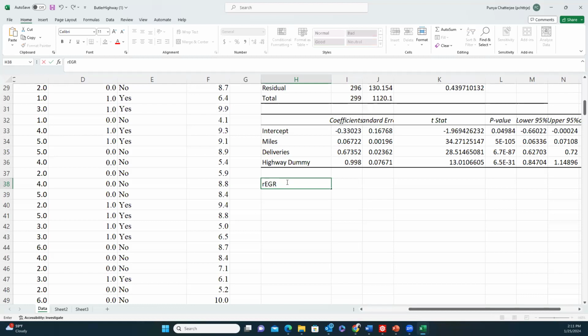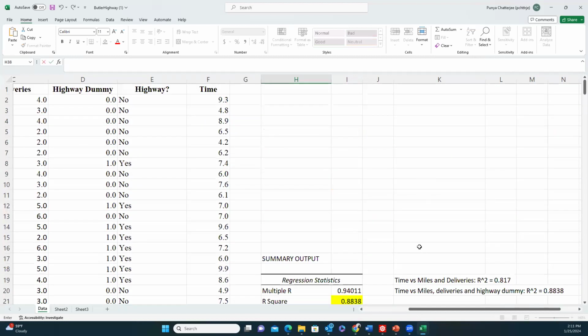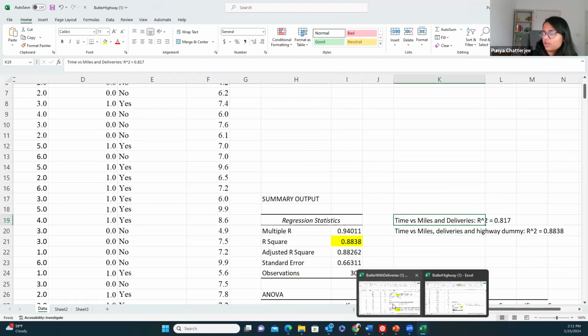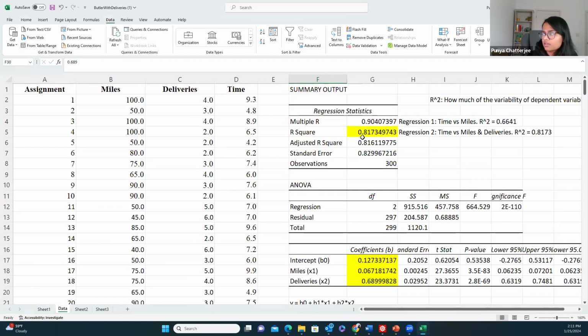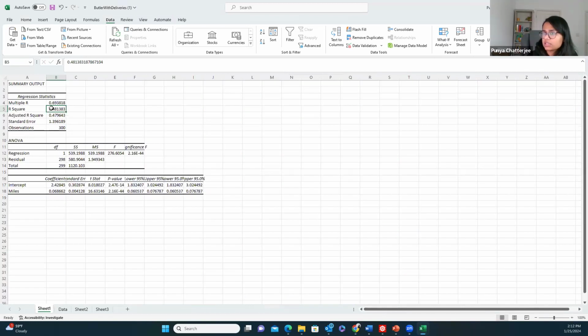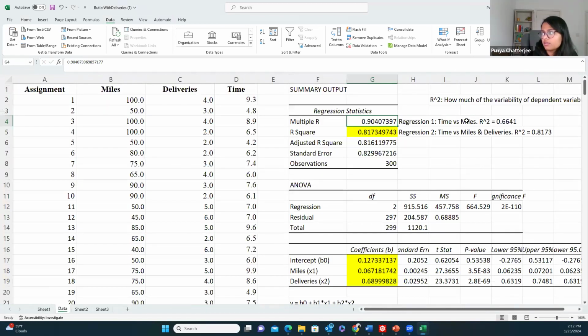Where are we getting the 0.817? Oh, that's just something that I remember, something that we got last time. That's for the two variables when we had miles and deliveries. When we just had miles, that was 0.48. That was even lower.